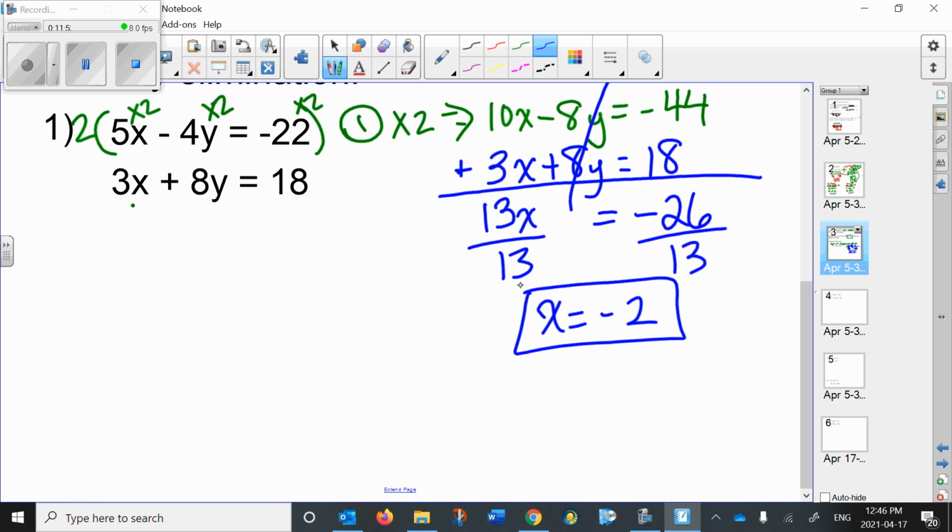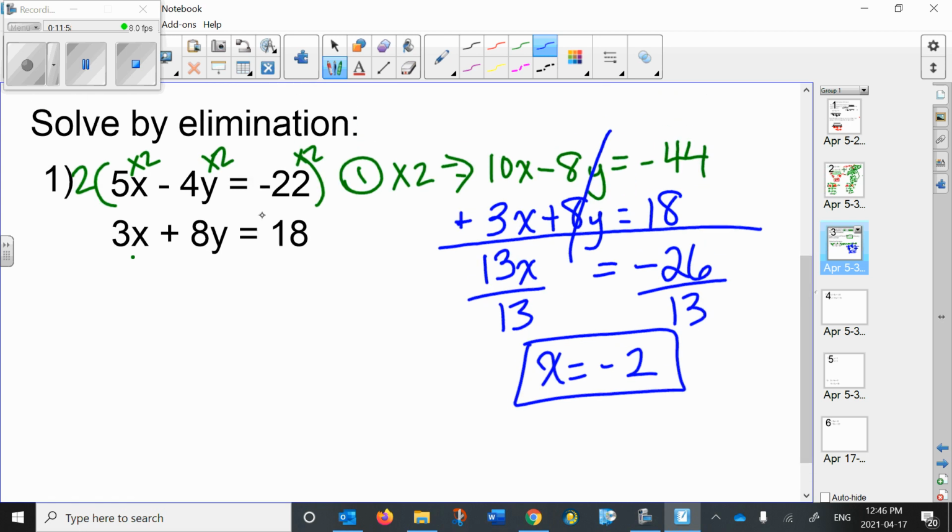Okay? So from there, now we've got x is -2. You choose one of the original equations, not the one we multiplied. So let's go back to the original equations. I'm going to pick this one this time. It doesn't matter which one you choose, but wherever I see x, I'm going to plug in -2 instead.